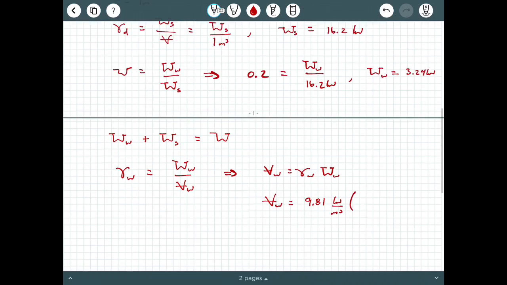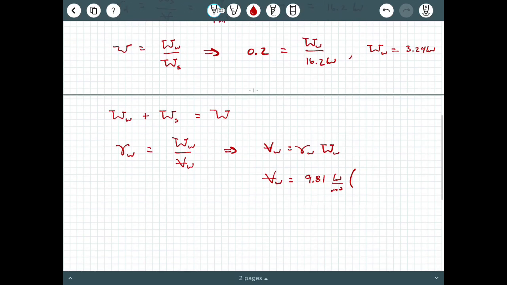And then my weight of water that I just figured out was... look at that. I made an algebra boo-boo. What was I thinking? Maybe you caught it. Volume of water is weight of water divided by unit weight of water. I don't know what I was thinking. Okay.